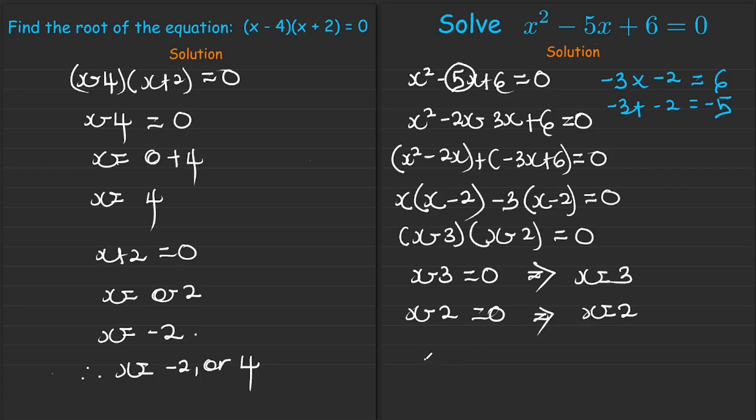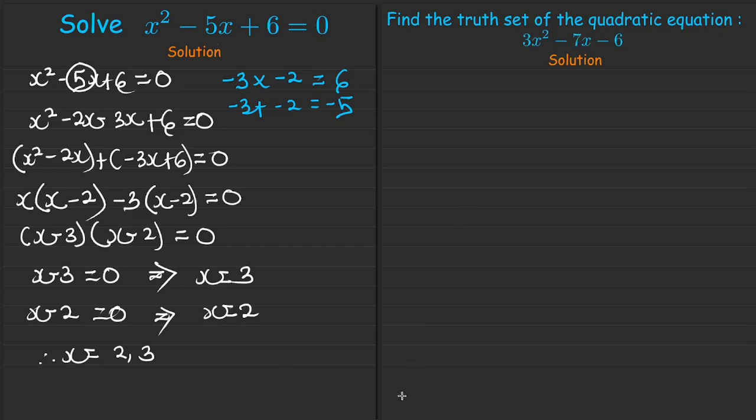So we can say, therefore, our x is equal to 2 or 3. So 2 or 3 are the roots of the equation x squared minus 5x plus 6 equals 0. Or they are the solution to the equation x squared minus 5x plus 6 equals 0. As simple as that. So this is going to be our last example in this section.